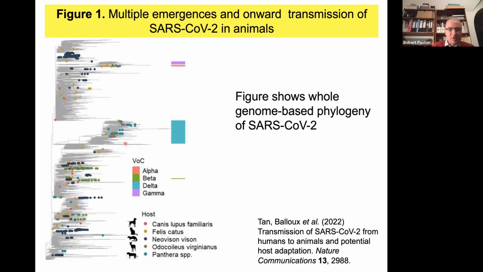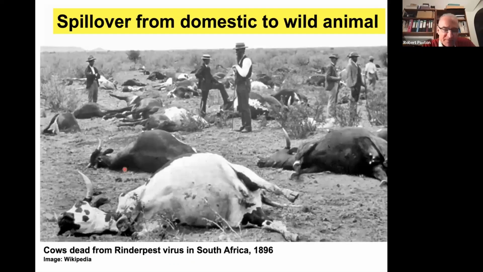And this is based upon whole genome sequences.